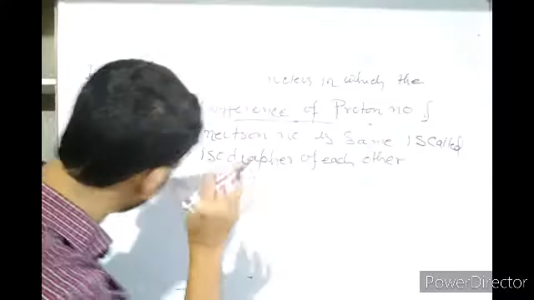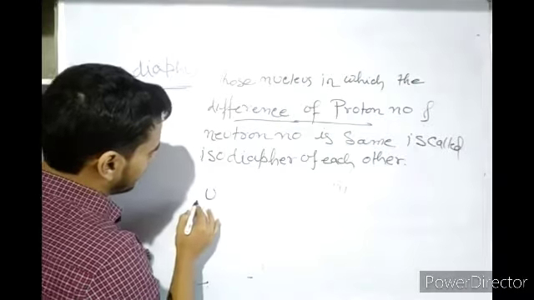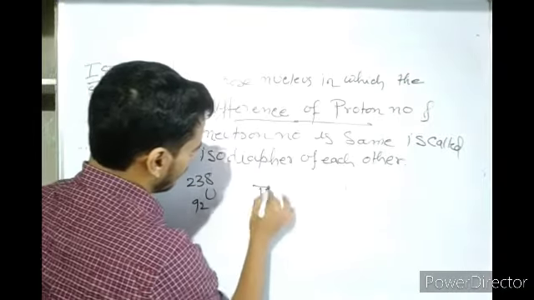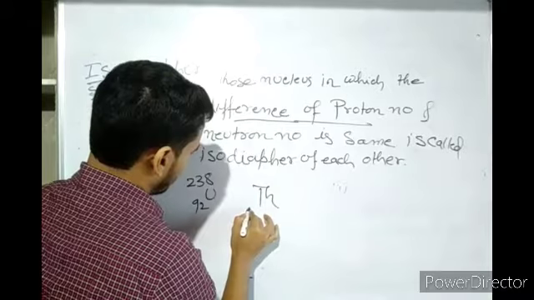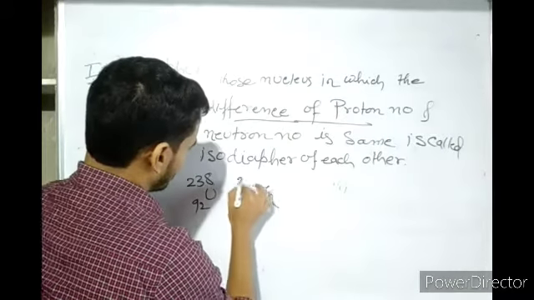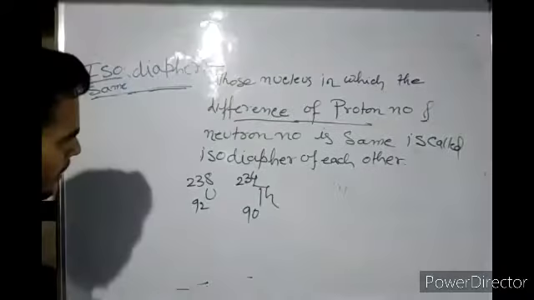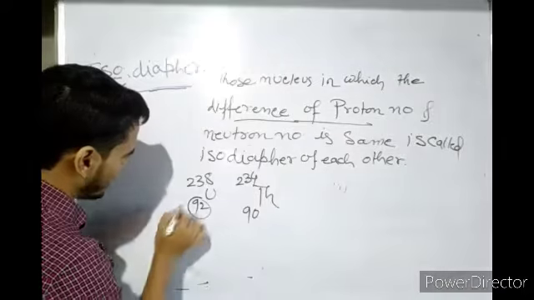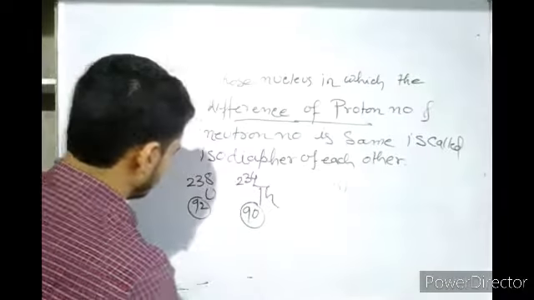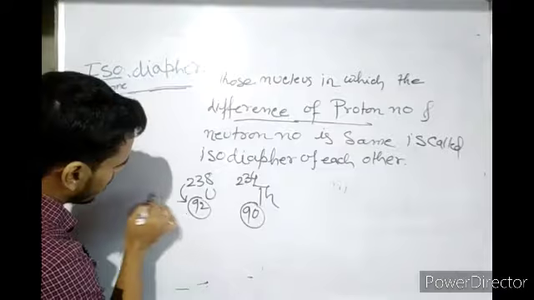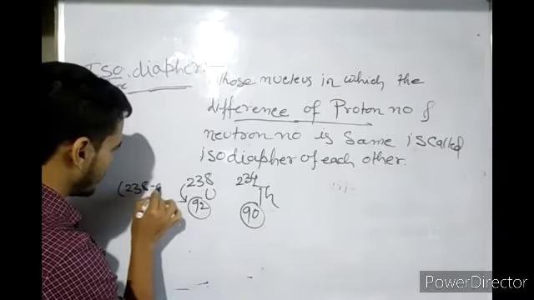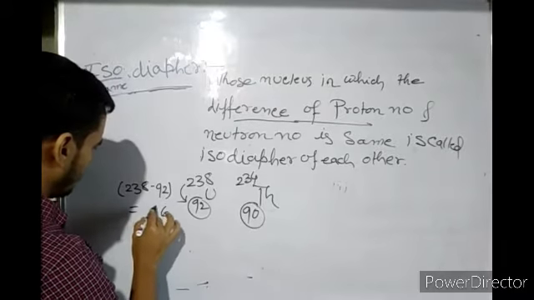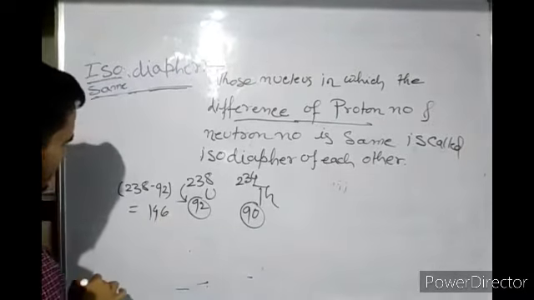So let's take an example: uranium 92, 238 and thorium 90, 234. Here the proton number is 92, here it is 90. Here the neutron number is 238 minus 92, which is 146.